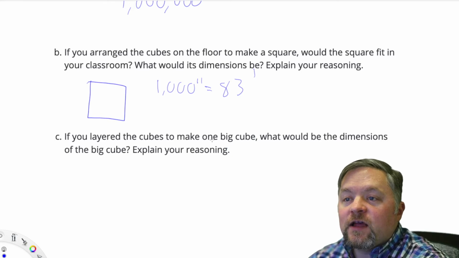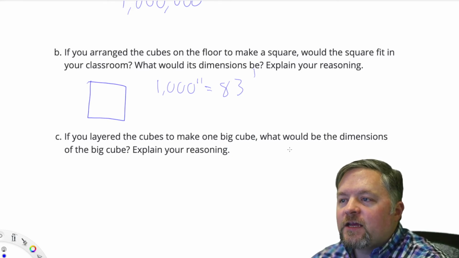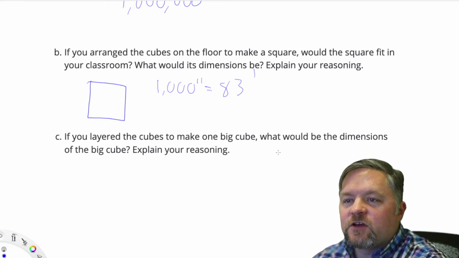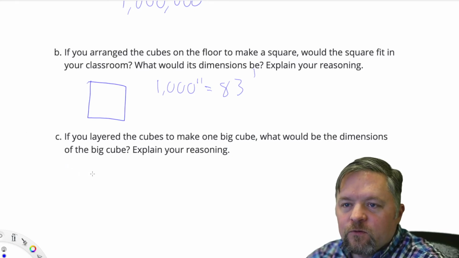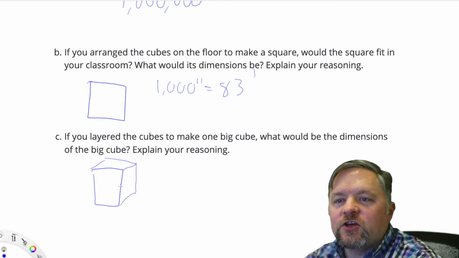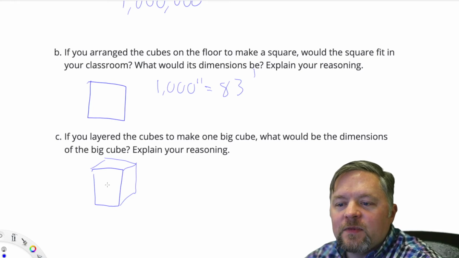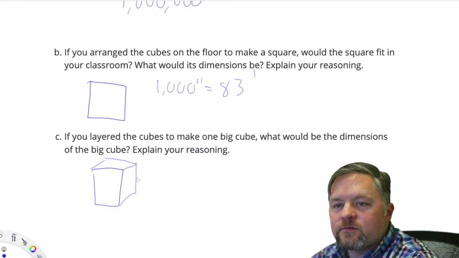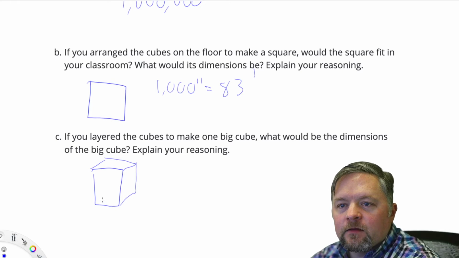If you layered the cubes to make one big cube, what would the dimensions of the cube be? Ooh. So now, this is not my best cube drawing ever. We've got a cube that is 1 million cubes. What are the side lengths going to be?